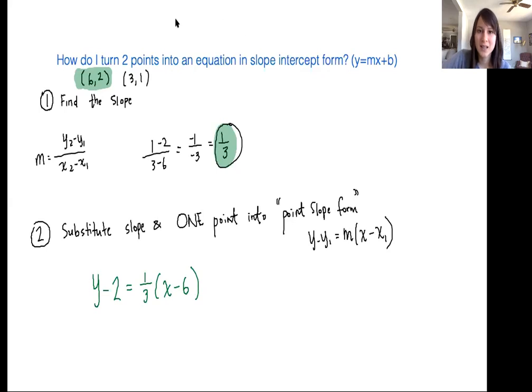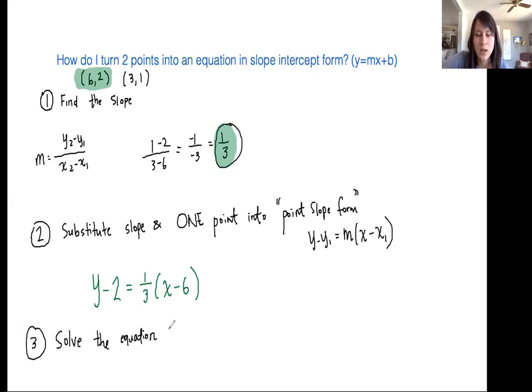So I subbed it in, and now the cool thing is I'm going to solve the equation. Or simplify the equation, not really solve it, I guess.